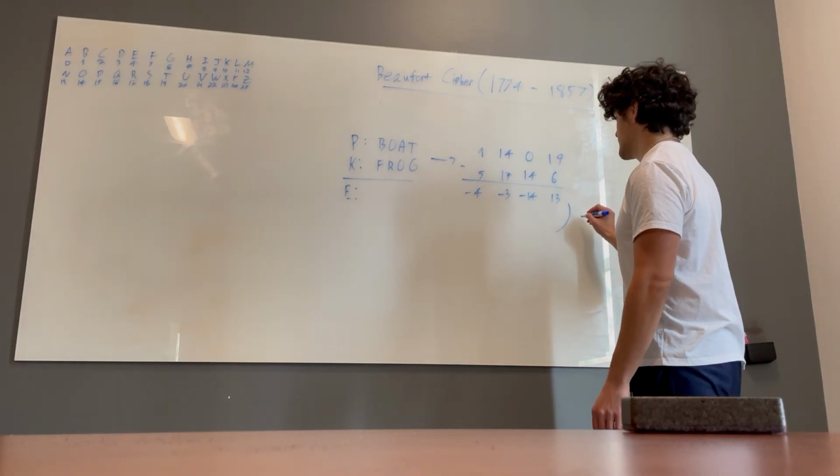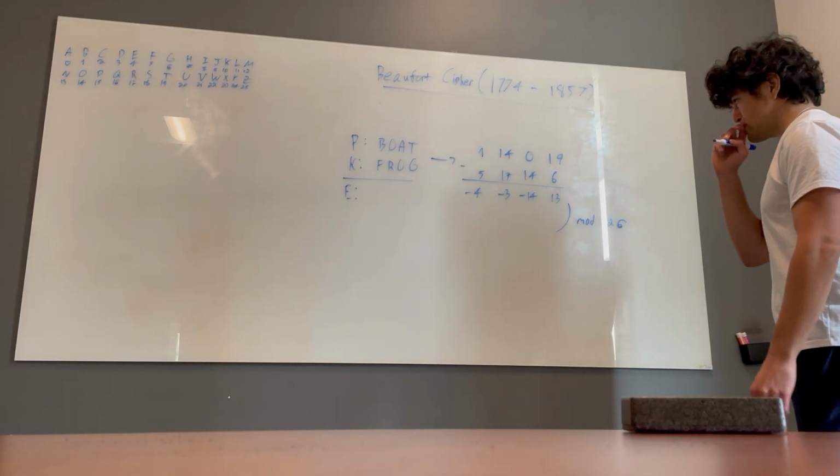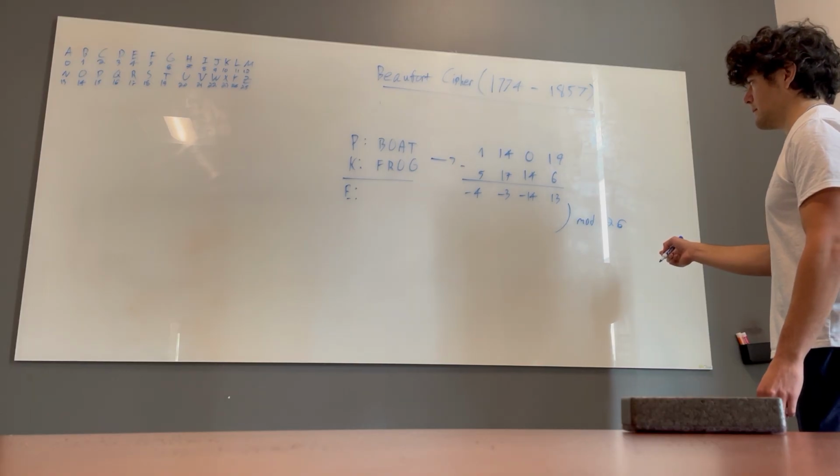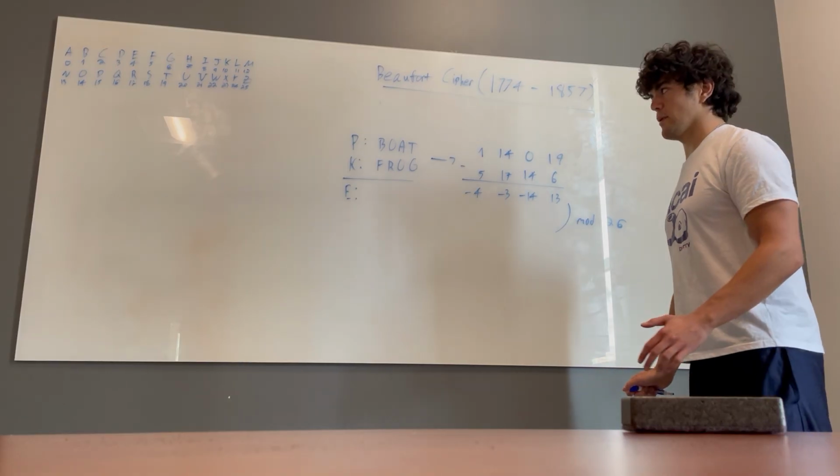Then we're going to mod these values, so we take these values mod 26. What this means is we divide these numbers by 26 and then take the remainder.